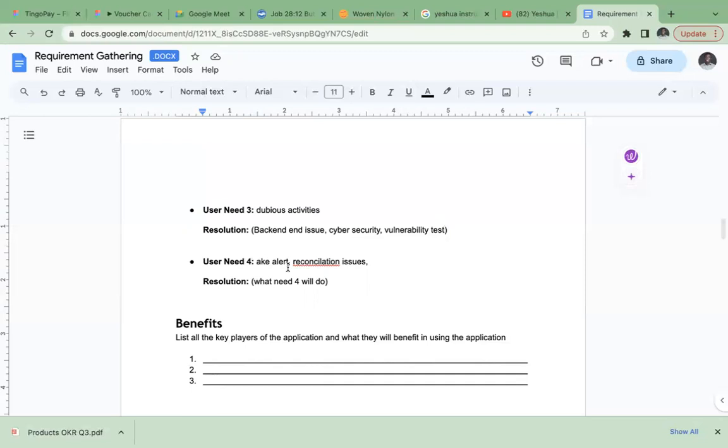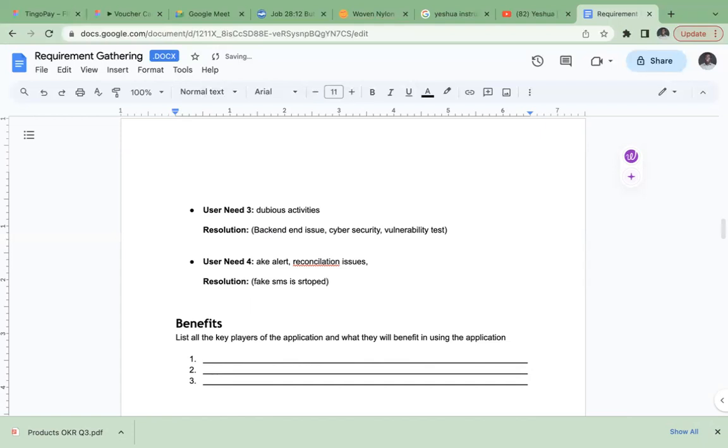So we try to bring up solutions so that people cannot send fake SMS. It's also cybersecurity.